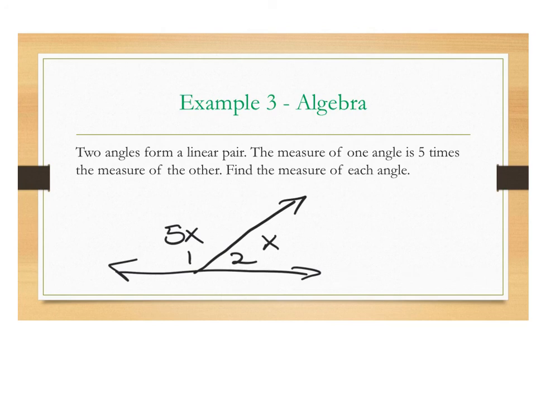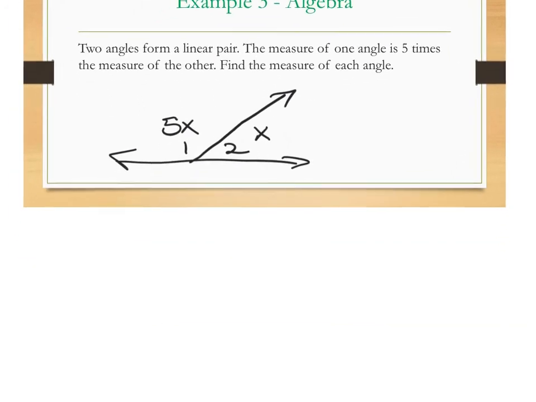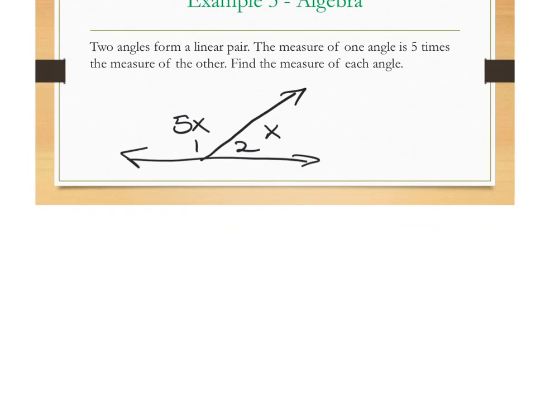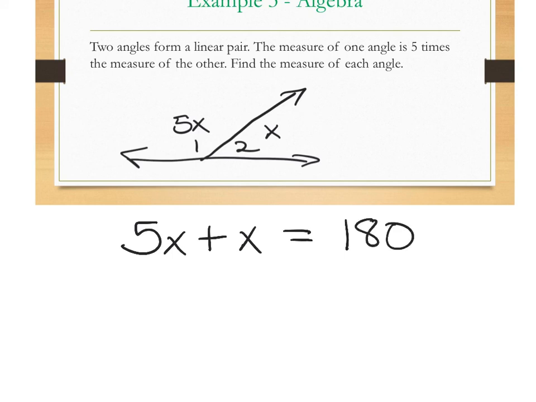Remember that the linear pair angles are supplements. So in order to find the measure of each angle, I would use my angle addition postulate, add the two angles, and set it equal to 180 degrees, because my linear pair are supplementary angles.